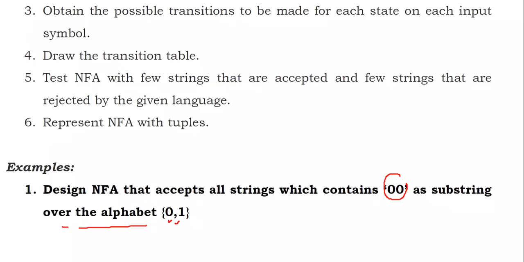So what do we have to do? First of all, you have to understand the problem and write the language of strings. Here the minimum string is 0, 0. Or you can take 1, 0, 0. You can take 0, 0, 0. You can take 0, 0, 1.